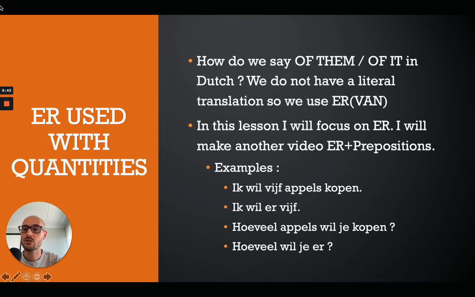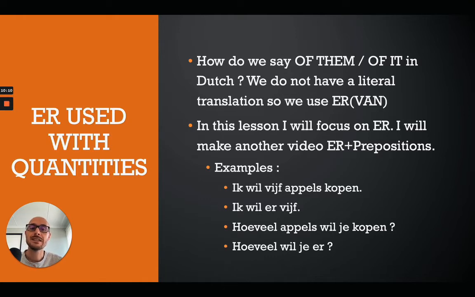And then we go to the last one, and that is 'er' used with quantities. Now, how do we say 'of them' and 'of it' in Dutch? Well, we don't really have a literal translation. We cannot say 'van het'. It doesn't really sound nice in Dutch. People will understand it, but grammatically it's not correct. So what do we do? We use 'er' when it's a quantity, all right?